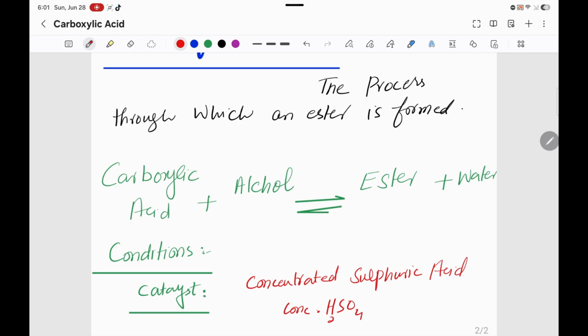All right. Now we will discuss the laboratory apparatus for esterification.